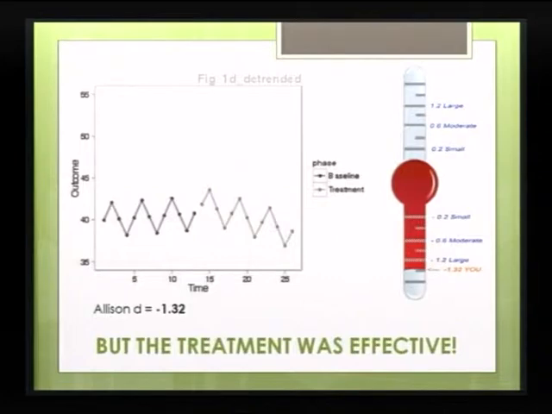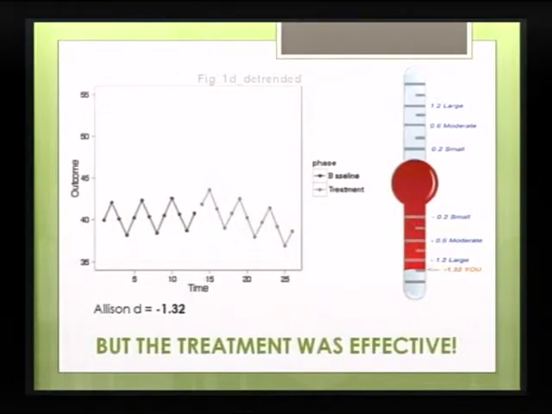Because as you can see, the new graph, the trended graph, shows that the unwanted behavior, the gray line, is decreasing. And when we measure the effect size with the Ellison D, we can observe that the result, minus 1.32, is a large negative effect. So the treatment was effective.